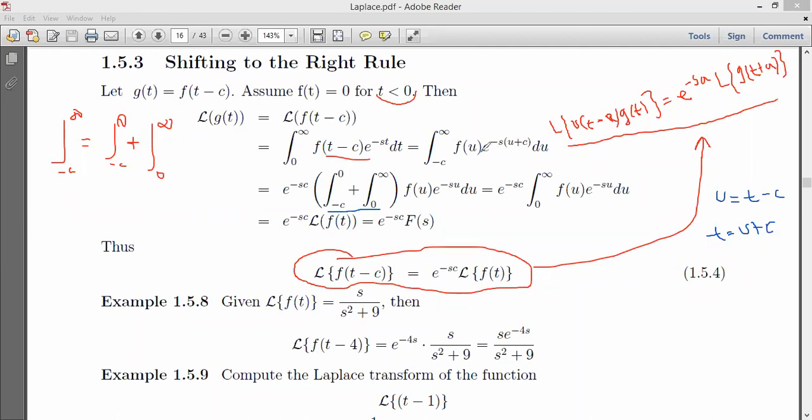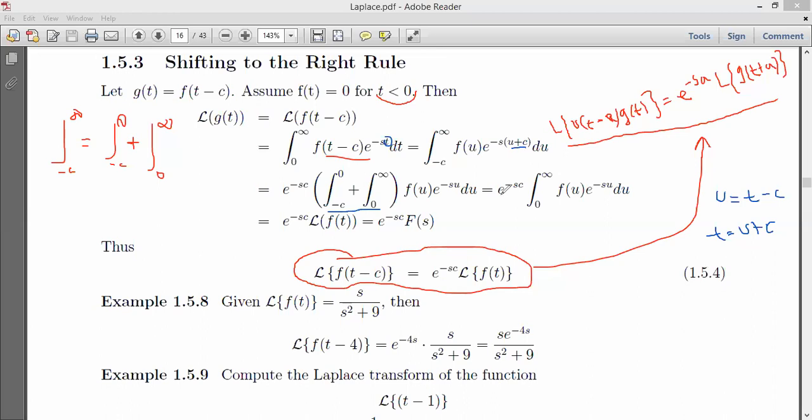That's why, when you change, initially you had e to the minus st, but it is now e to the minus s times u plus c right there.